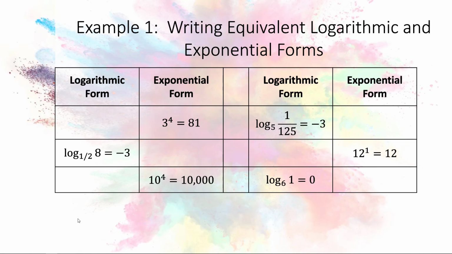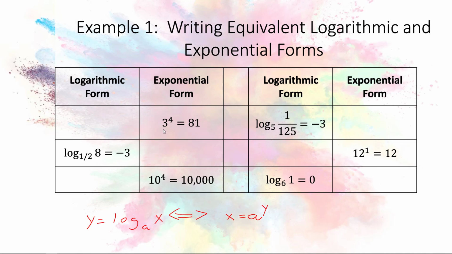Now remember, we have that y equal to the log base a of x is equivalent to x equals a raised to the y power. So in our first example, and actually this is your first two homework problems, we want to write both the equivalent logarithmic and exponential forms.